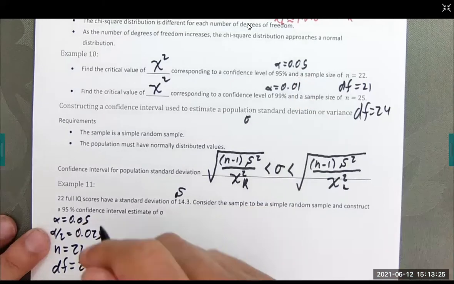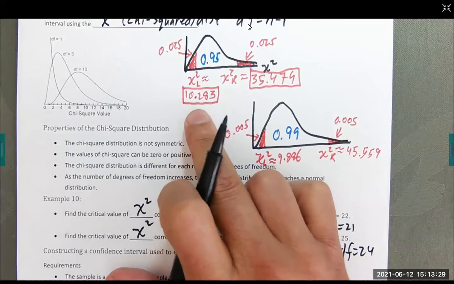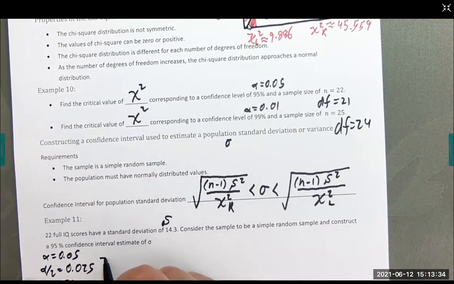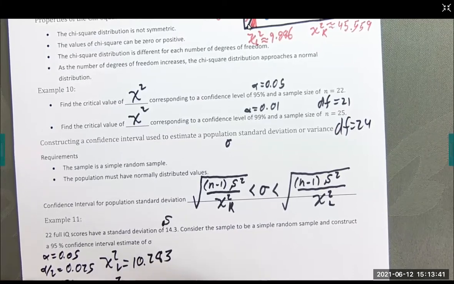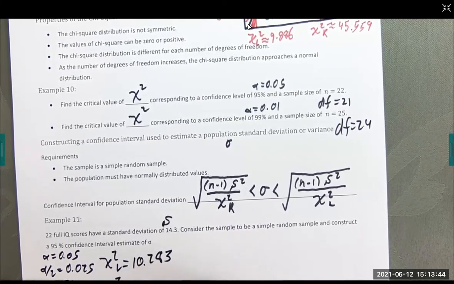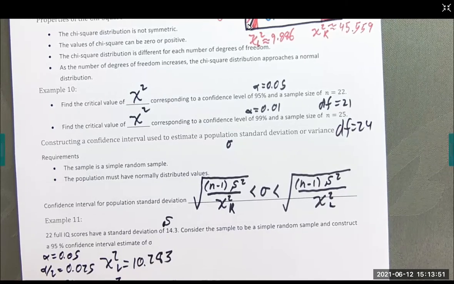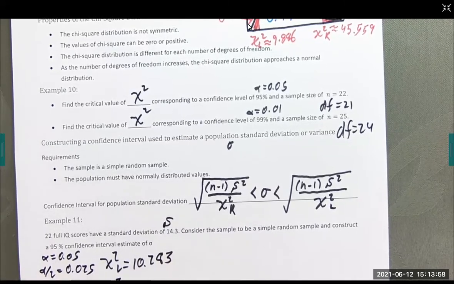So from up here, we actually have chi-squared left and chi-squared right. So chi-squared left is 10.283. Chi-squared right is 35.479. We also have S. Standard deviation of 14.3. So we have everything that we need.